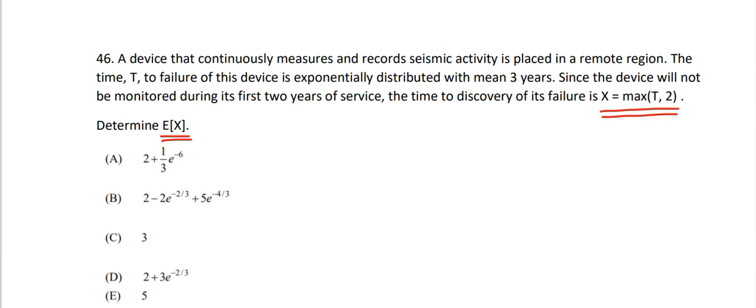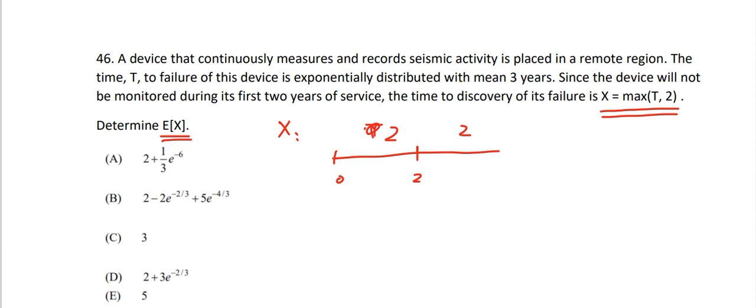So if t is between 0 to 2, then x is 2. Oh, God, I'm wrong on the wording.